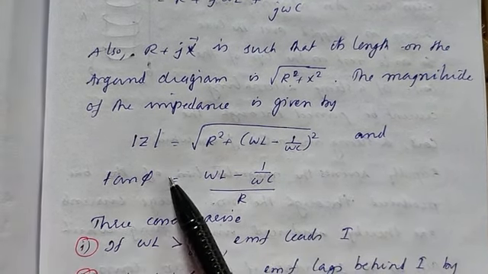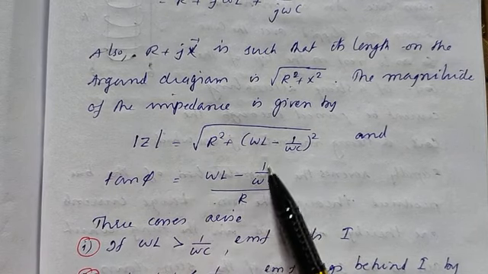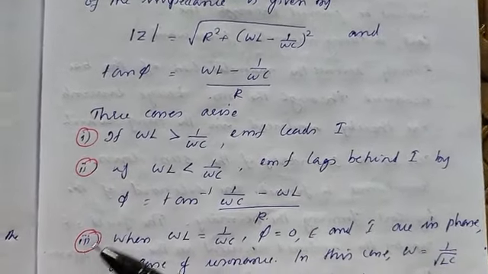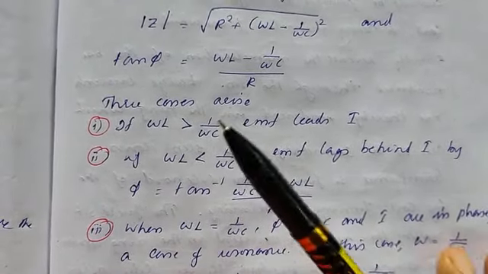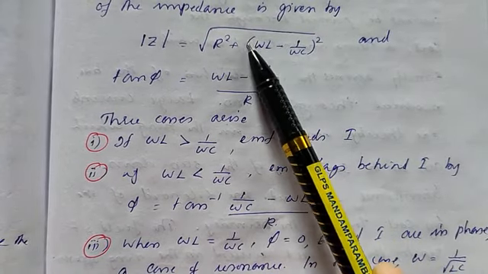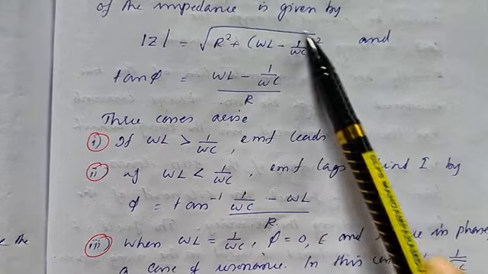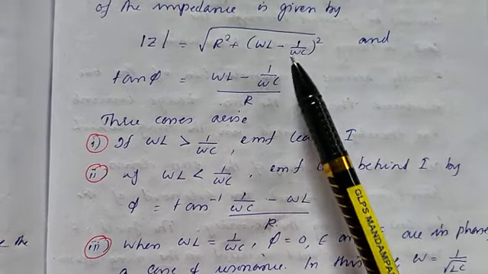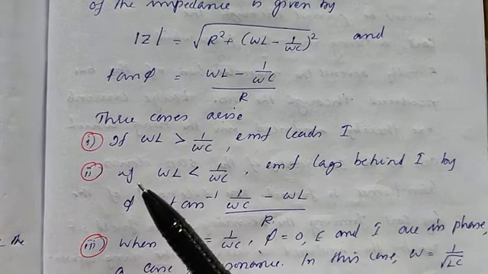Therefore tan phi is (omega L minus 1 by omega C) by R. Three cases arise here, because in the impedance two terms appear, and the second term is a combination of these two. So according to the nature of these quantities, three cases arise.